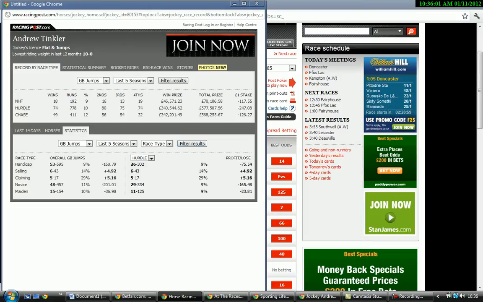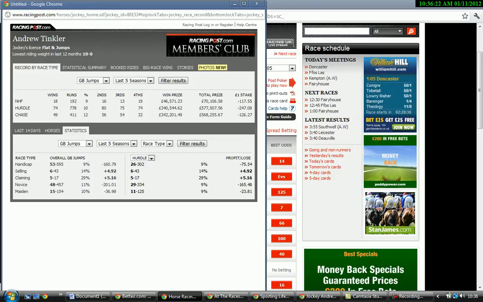This jockey, Andrew Tinkler, does well in selling races and claiming. Look at his strike rate for claiming, 29-14, and novice, he's got an 11% strike rate, maiden 10% with hurdlers. He's had 334 rides, which is 129, 125.